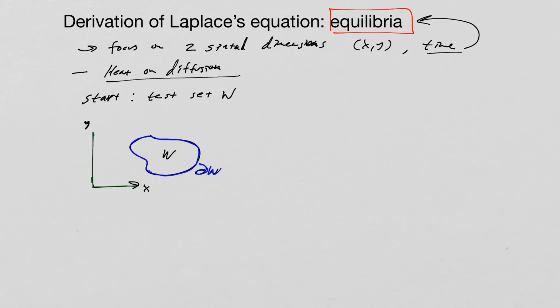As always, we're going to say u is some amount of stuff, or maybe it's the heat energy or the amount of mass in W as a function of time. We'll think of this in terms of the diffusion equation, where we're talking about the conservation of mass, in which case we do a double integral over W of the density dA.